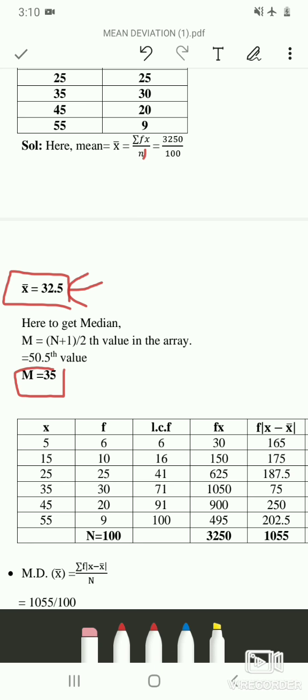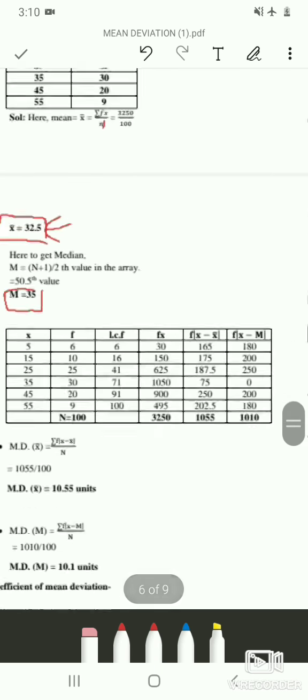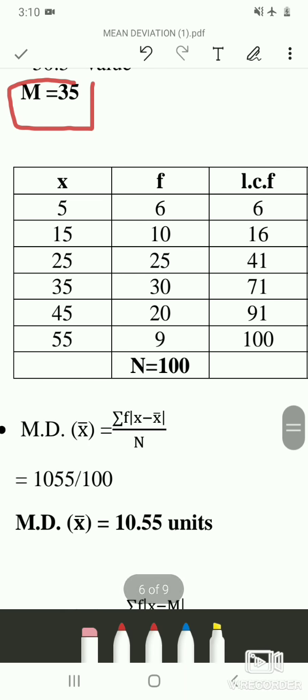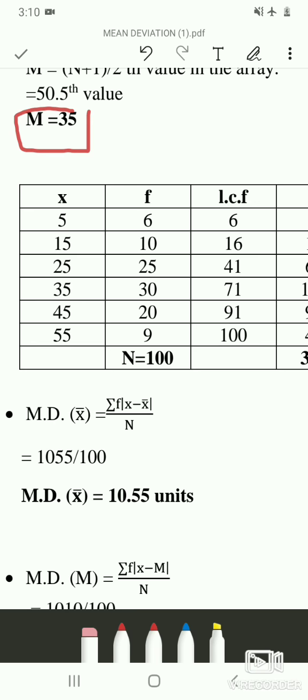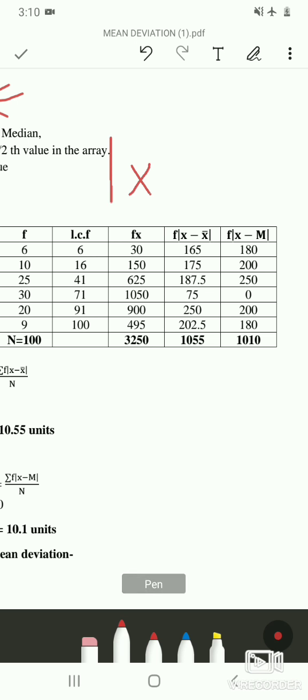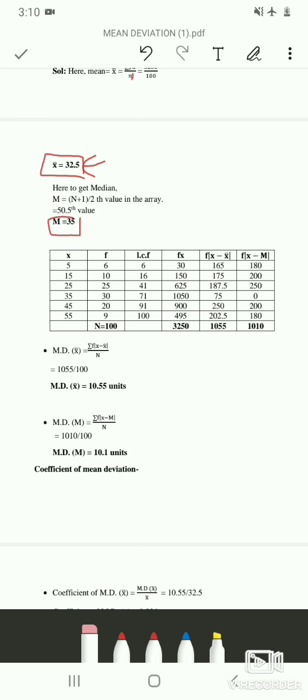So once you know the values of mean and median, then calculate the absolute values. This is for discrete case. We know the formula summation f of absolute value of x minus x bar. Here you can make an extra column of absolute value of x minus x bar, obtain it and then multiply with f, or else you can directly solve it. Here I'll explain it for one cell.